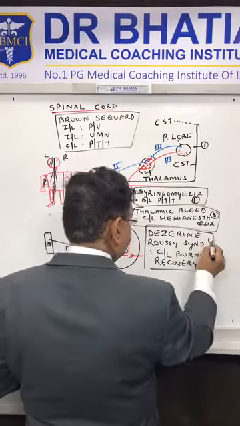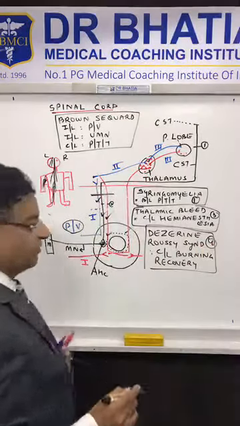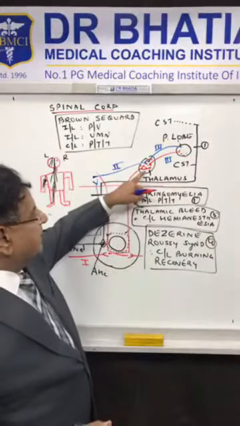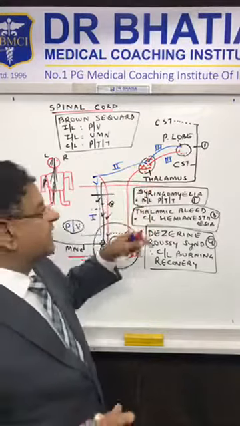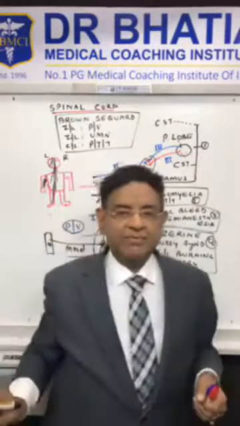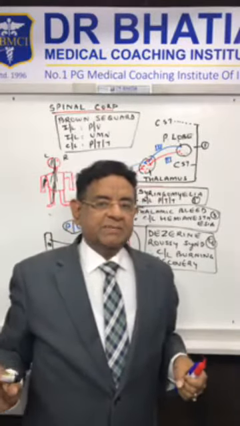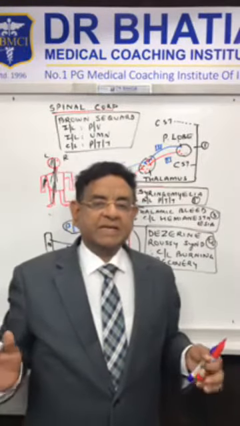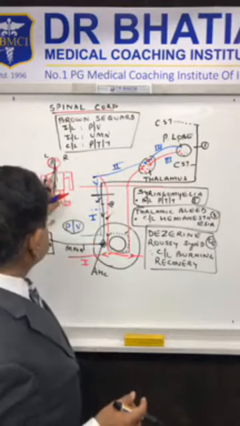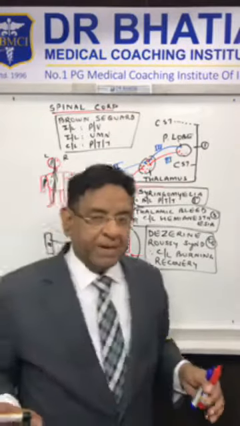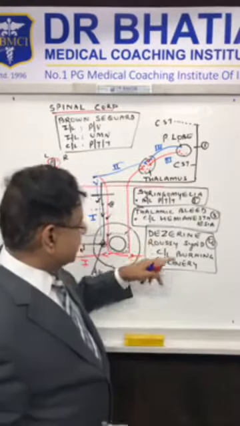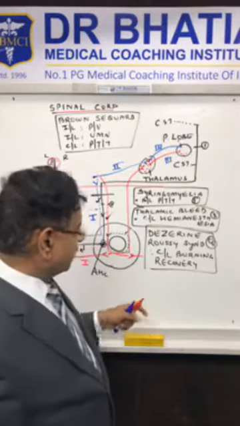Now what has happened? As the bleeding occurred, in two or three weeks' time, body scavenger cells will try to remove the blood from the thalamus. The thalamic function starts getting normal again. But in the initial phase, the patient has intense burning sensation in the contralateral body, that is known as Dejerine-Roussy syndrome.